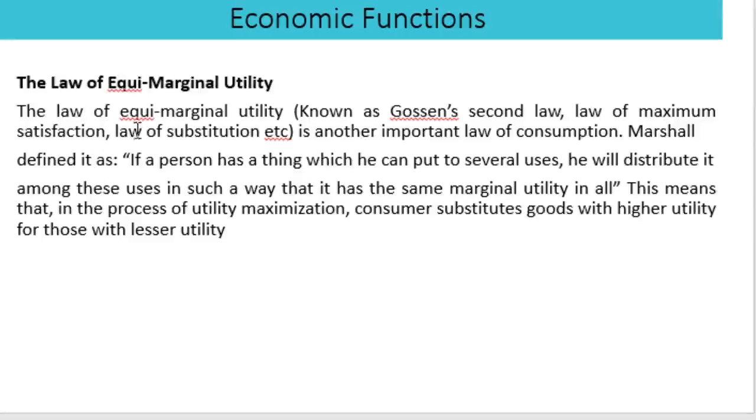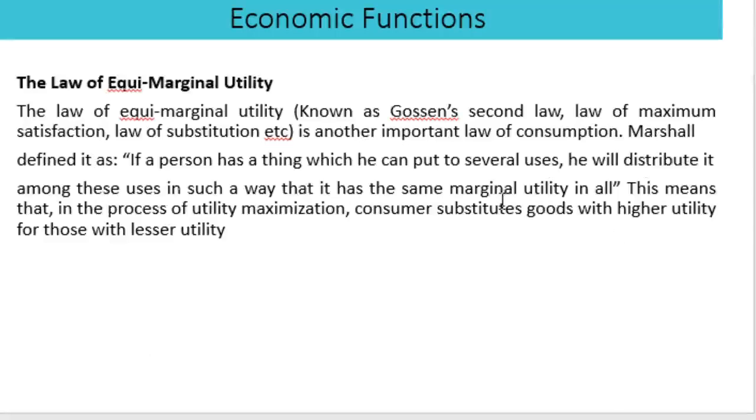And the law of equal marginal utility is the second law. It is known as Gossen's second law, or law of maximum satisfaction, law of substitution, etc. It is defined by Marshall: if a person has a thing which can be put to several uses, he will distribute it among these uses in such a way that it has the same marginal utility.